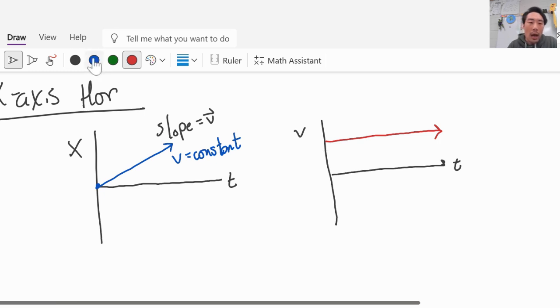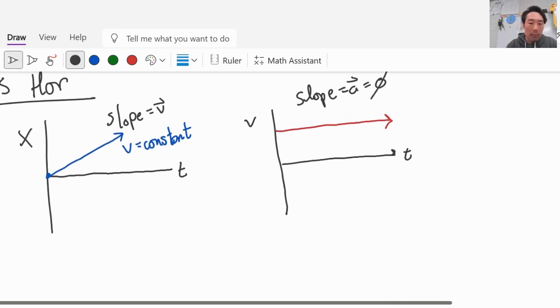Okay. Now, as a reminder, the slope for a velocity time graph gives us acceleration. And if we take a look here, if the line is flat, the slope is going to be 0. All right. And this will be true for all of the projectile motion problems that we do. So with that in mind, let's come up with our acceleration time graph.